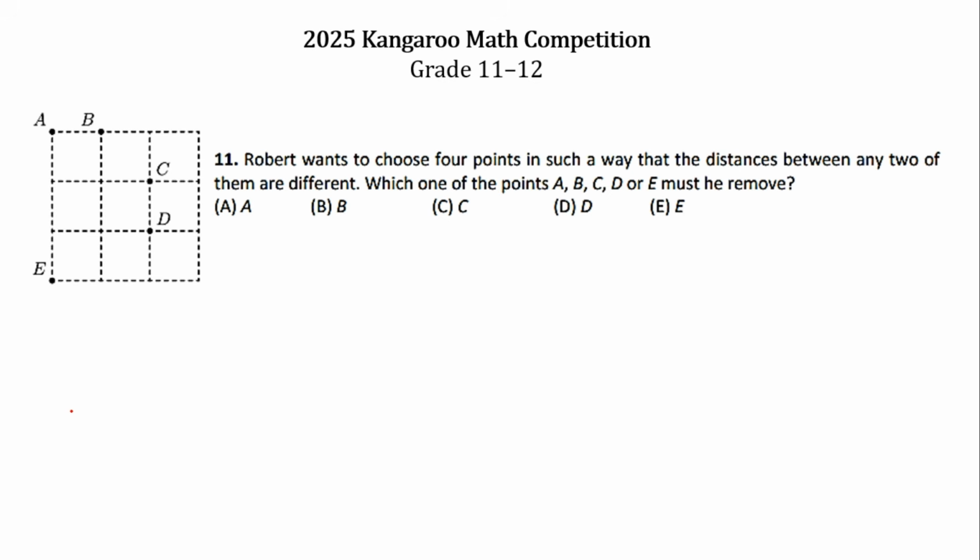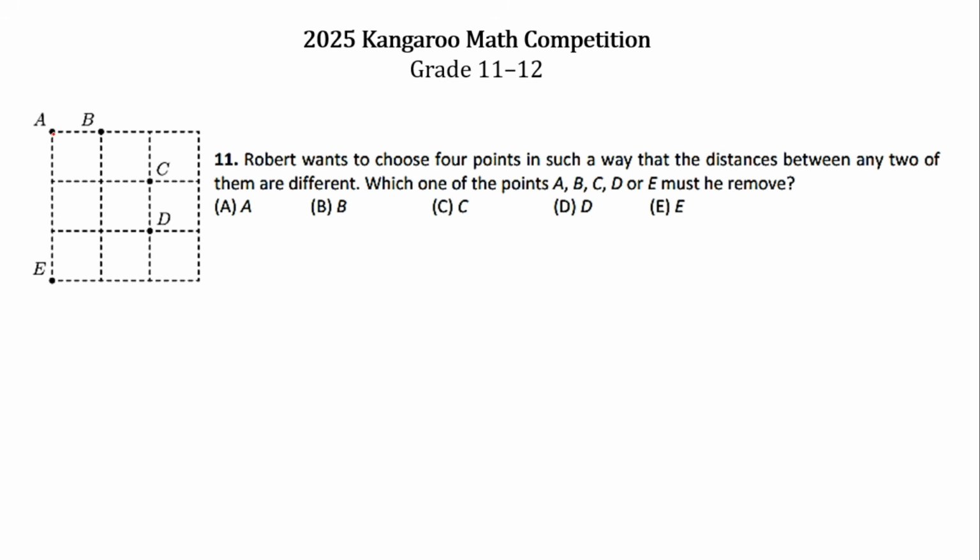Problem number 11. Robert wants to choose 4 points in such a way that the distances between any two of them are different. Which one of the points A, B, C, D, or E must he remove? Let us connect first any 2 points and compare distances.